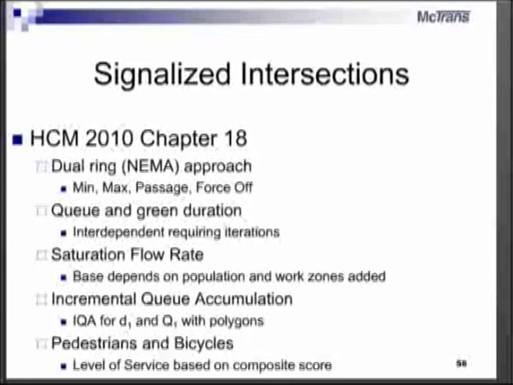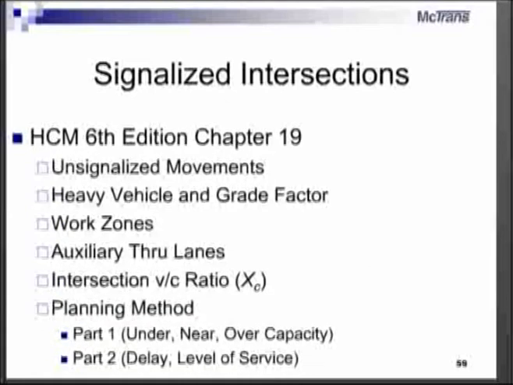The D1 equation was changed a little bit to overcome the assumption that arrivals and departures were constant. They're not. And so D1 now recognizes that, and it's a little better estimate than it used to be. Pedestrian and bicycle level of service added to signalized intersections. What's coming in the 6th edition? A few pretty clever, good things here.